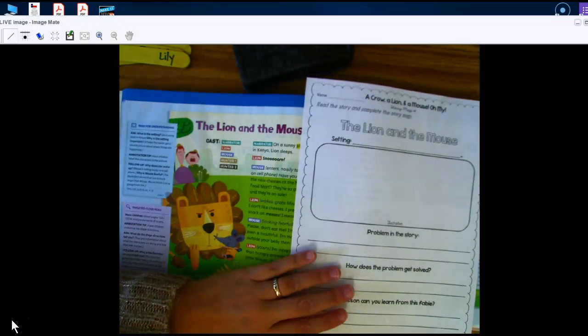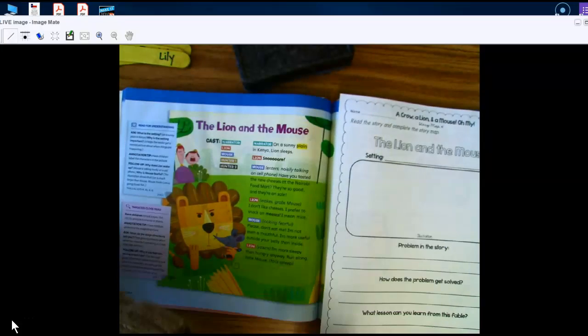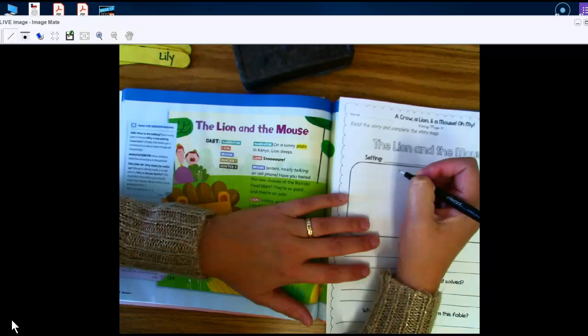Okay, the very first thing we found out was the setting. So what is the setting of this story? We already said it at the very beginning. Lily, where does this story take place? In Kenya, but where in Kenya? On what? A what?